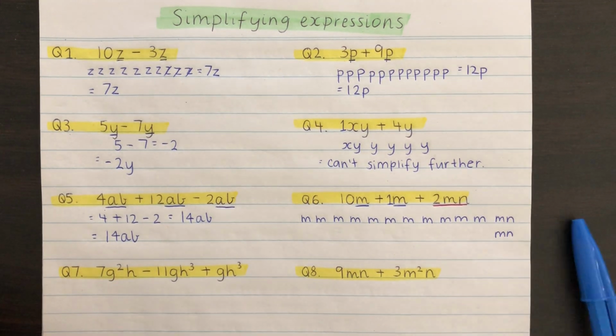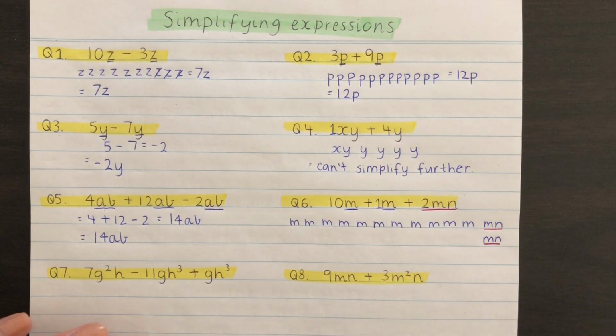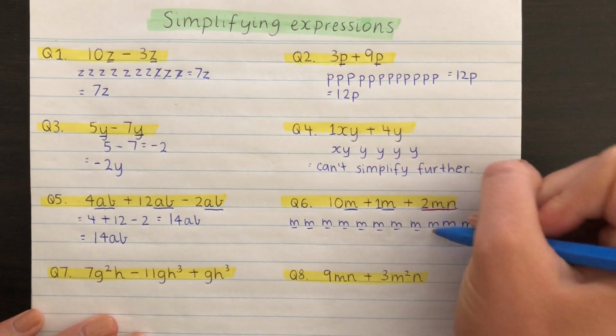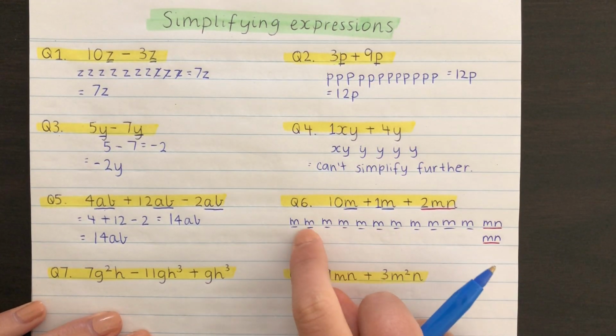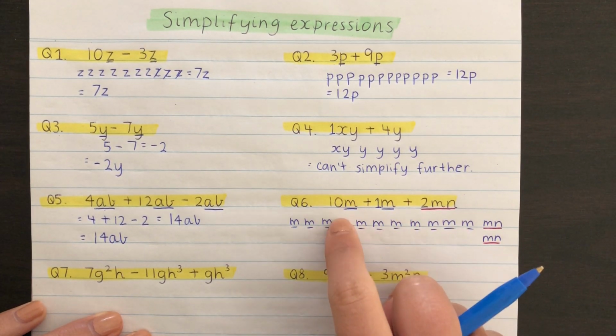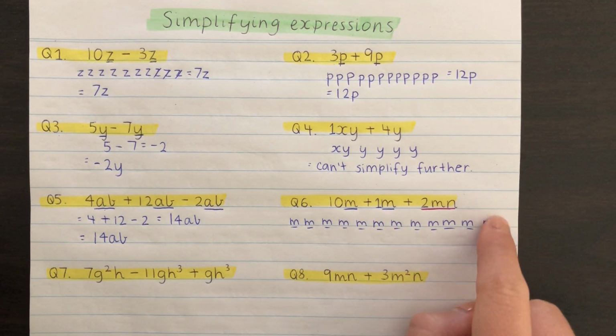So these 2 are different to all of these M's. So these blue underlined M's come from 10 of them from here, 1 of them from here, and then we have our 2 pink MNs on the end.